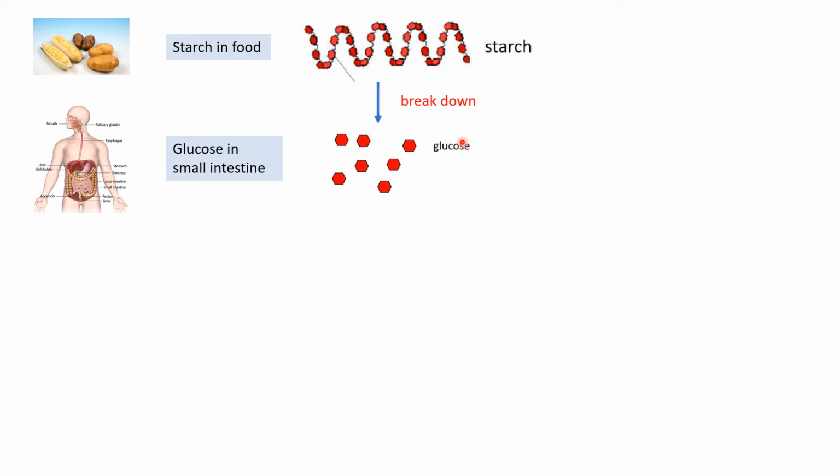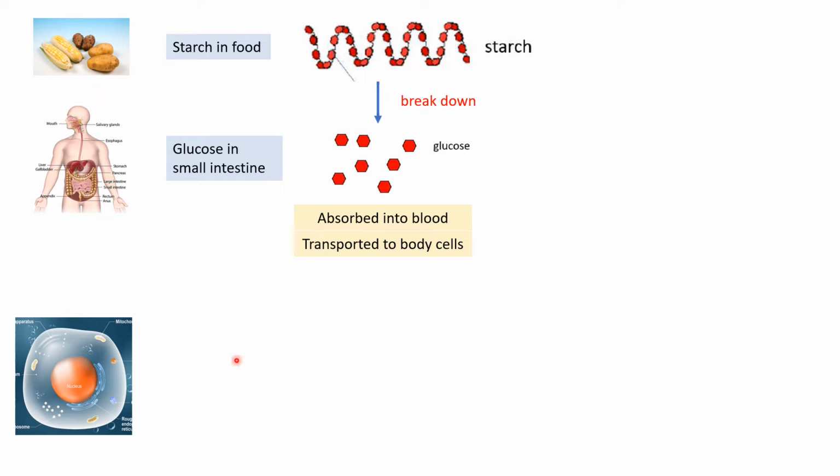So starch is broken down into glucose, and they are now in the small intestine. To enter body cells, they will first be absorbed into blood, and then they are transported by blood to different body cells all around our body.